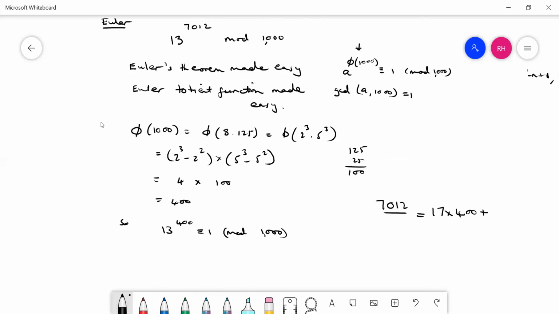So let's work that out. What's the difference? 17 times 400 is 6800, and 7012 minus that is 212.